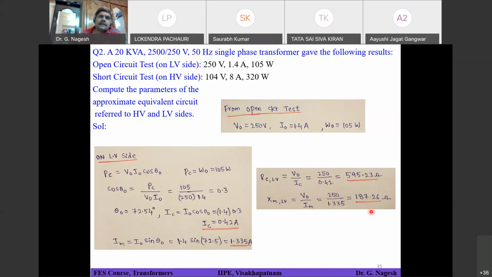And how to calculate REH? 320 divided by 8 square, so 320 divided by 64. Try to calculate. ZEH is 13 ohms, sir. And what about REH? 5 ohms. Okay, others also please try to do that and let's see whether you are getting the same answer or not.